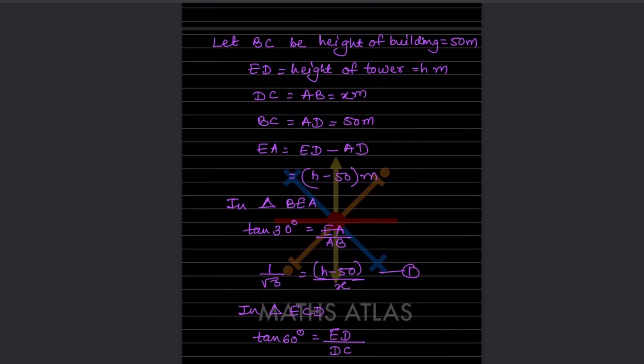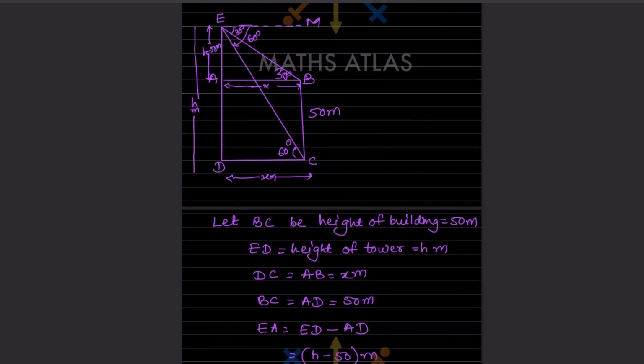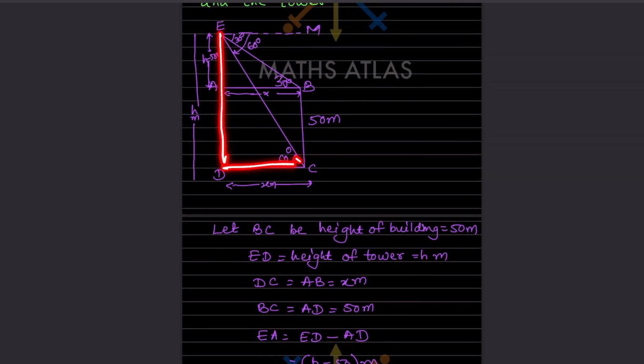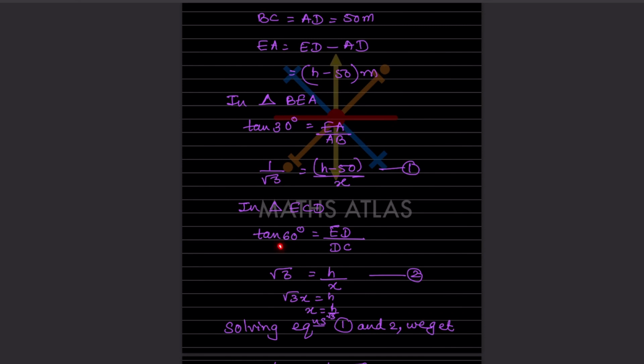So here in ECD, tan 60 is ED by DC, because this is the opposite side and this is the adjacent side. Tan 60 is root 3, and ED is H, and this is X. So when we multiply, root 3 X is H, so X will be H by root 3. Let us consider this as equation number 2.